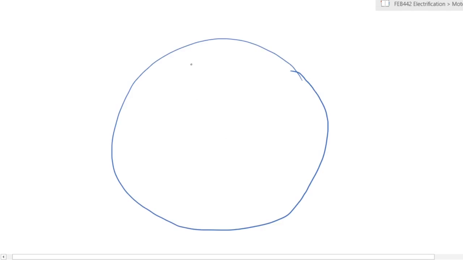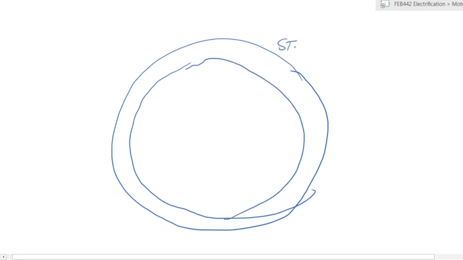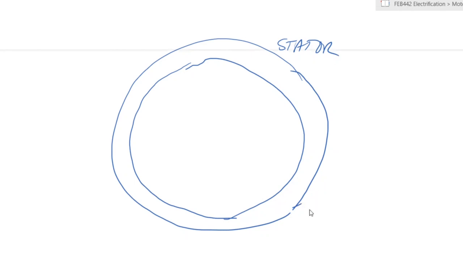If that is your stator with its inner core, so stator, and you have your rotor mounted on the inside of your stator.